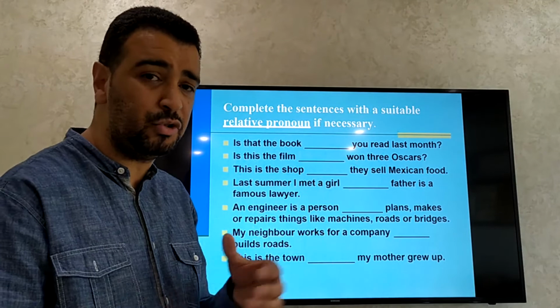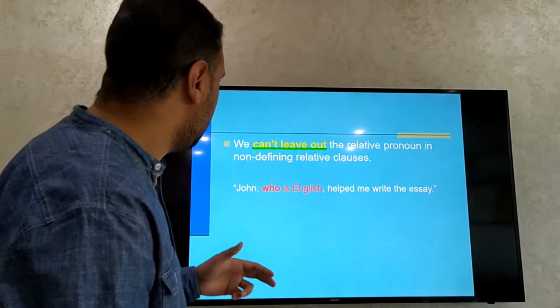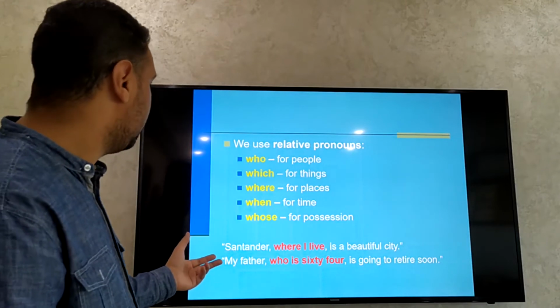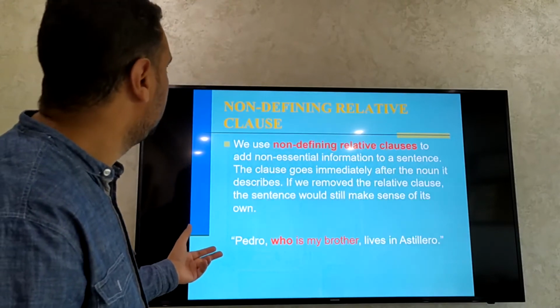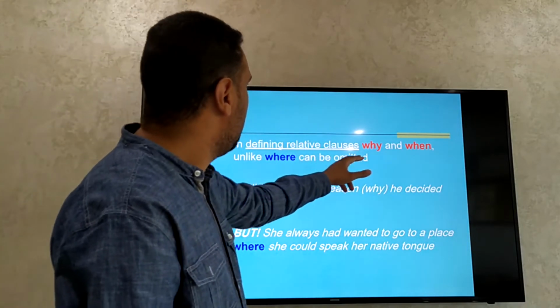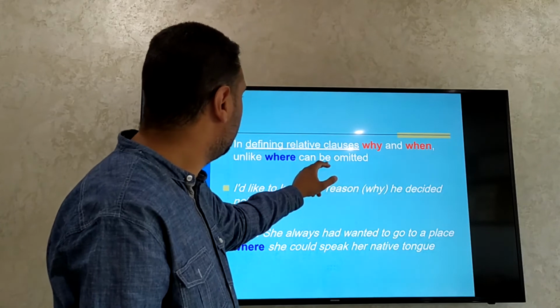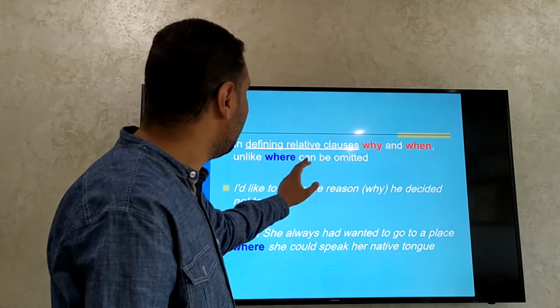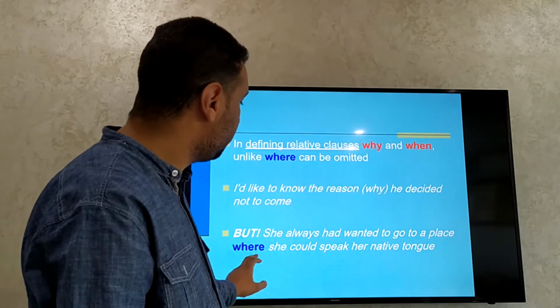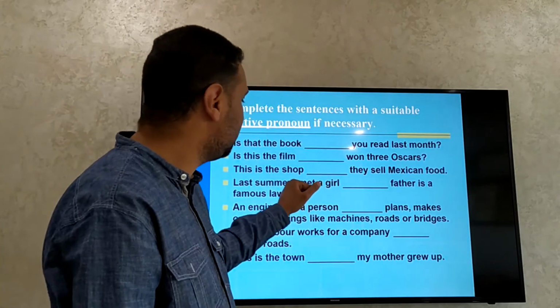Is it possible to leave out the word "where"? I think I already answered this. Unlike "which", "where" can't be omitted, okay? So "where" right here cannot be omitted. So I think we have the same case here.